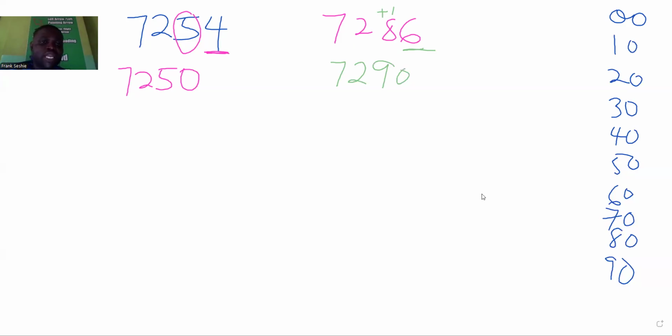Journey with me while I take you through why this rule is used. In the first instance, I have to consider the tens digit and the ones digit, or the unit digit, which is 54. If you combine them to give you a number, the number is 54. Now, if you watch my screen, you realize that these are the tens.